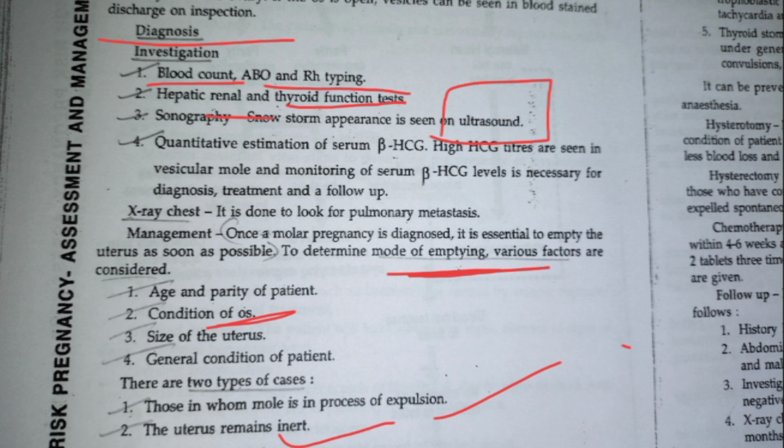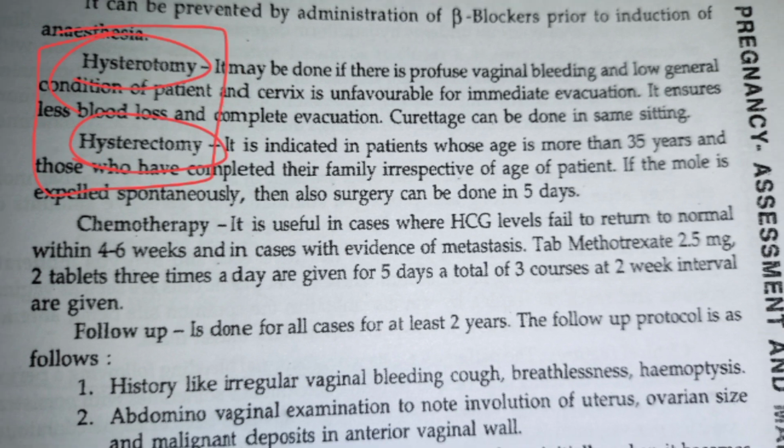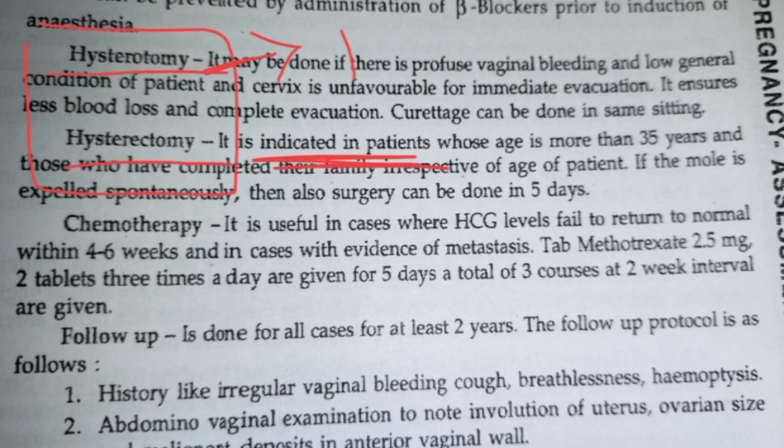We should see that, and then proceed with the case. The removal of this mole is done in two ways, hysterectomy or hysterotomy. The first involves removing the uterus, while the second involves cutting a partial part. Based on the place and size, the procedure will be performed.